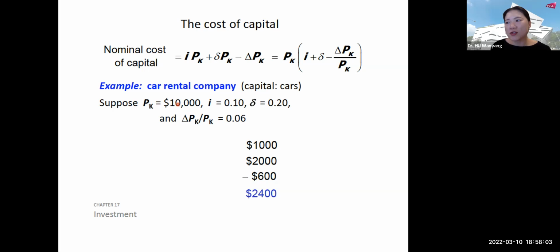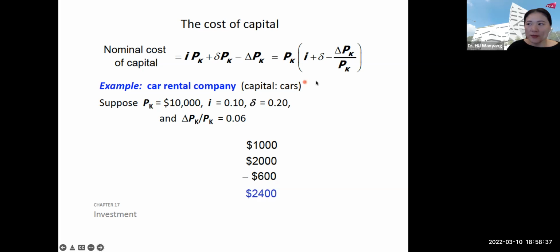The nominal price of the car is 10,000 US dollars, the interest rate is 10%, the depreciation rate is 20%, which is 0.2, and we also have the capital loss. Then we calculate the net cost of the capital.